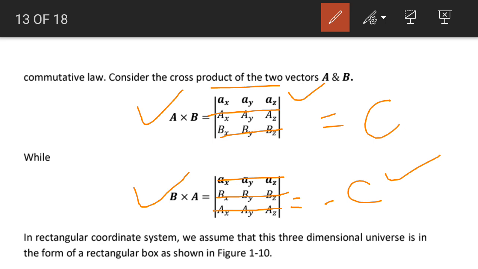Because A cross B is equal to minus B cross A, and obviously the vectors do not obey commutative law in case of the cross product or vector product.